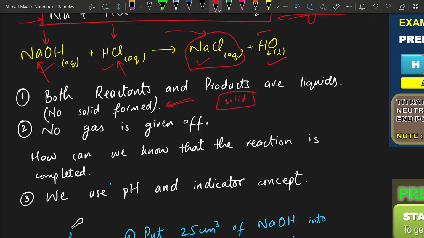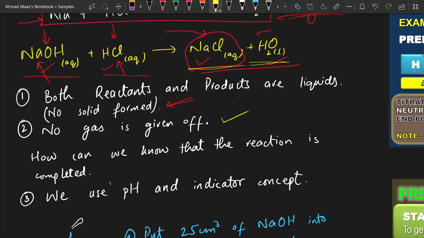We obtained an insoluble salt which was filtered off. But in this case, the products are two liquids. We're starting with two liquid reactants, and we get a liquid product and another liquid product, and no gas is being given off.